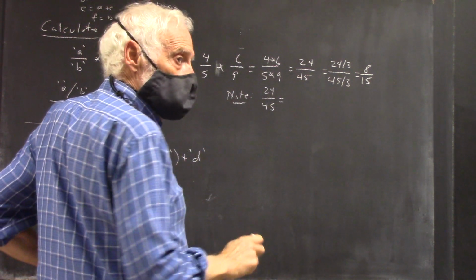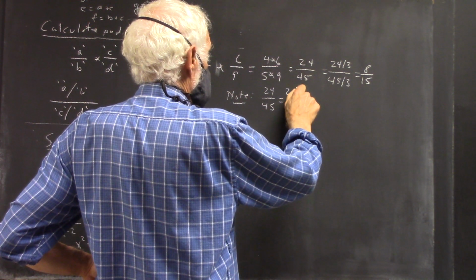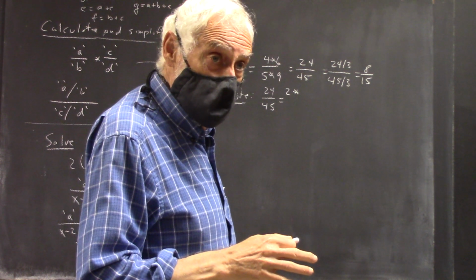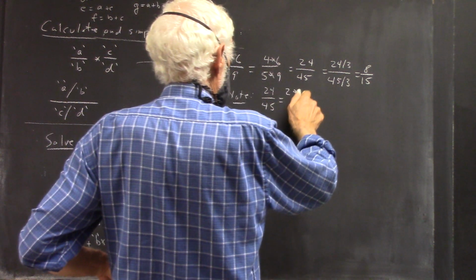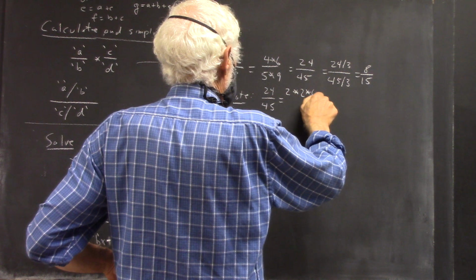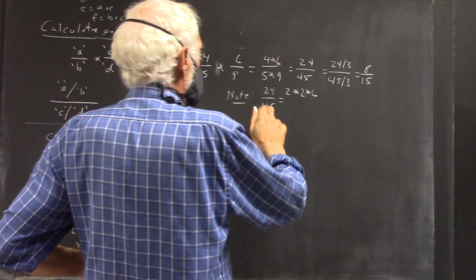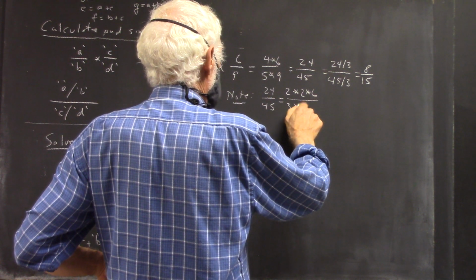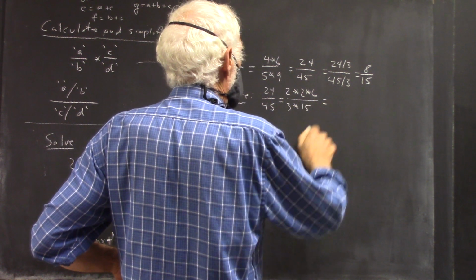Okay, 24 is divisible by 2, leaving you 12. 12 is divisible by 2, which leaves you 6. So 12 could be written as 2 times 6. 45 could be written as 3 times 15.